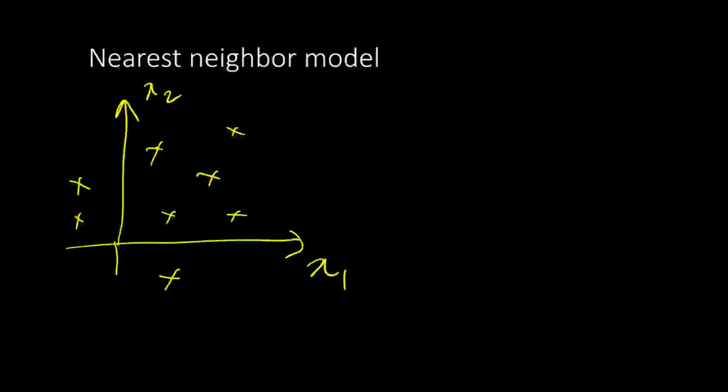Now if I take these training points and divide the space into a Voronoi tessellation, what is a Voronoi tessellation? I draw these lines where the line tells me which point is the closest point. So here it will be like this, here it might be like this, and then like that.